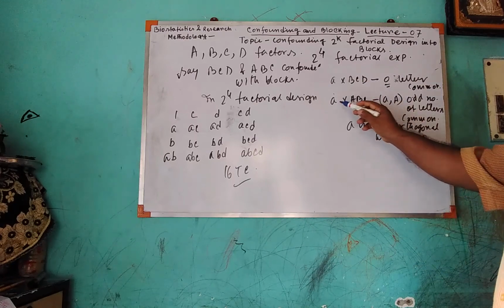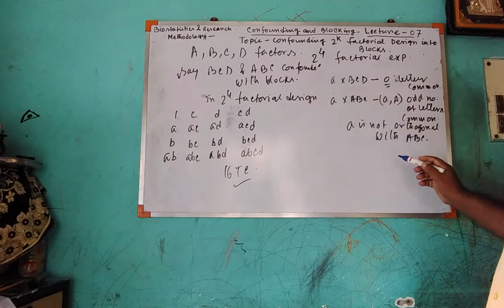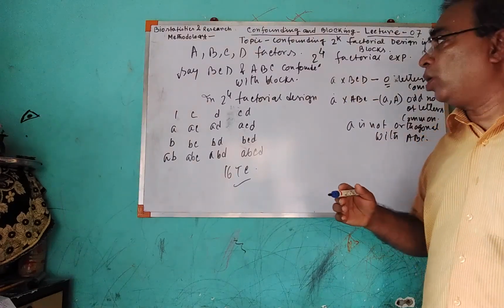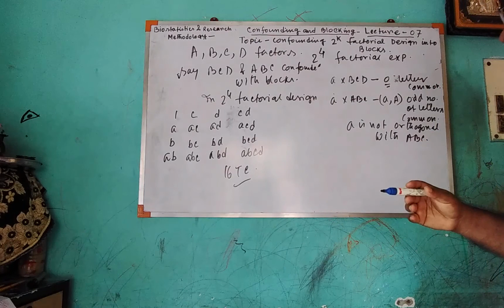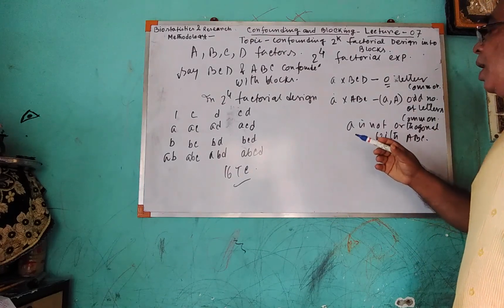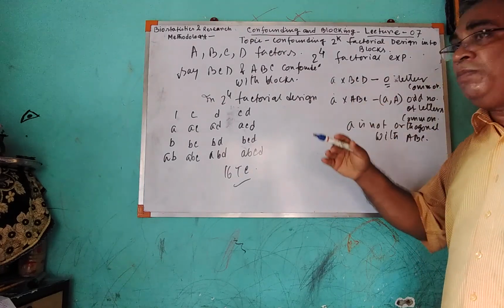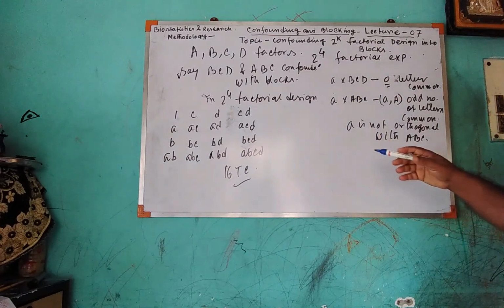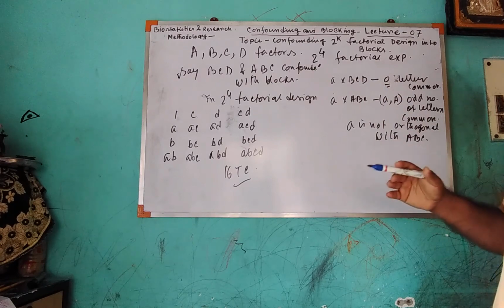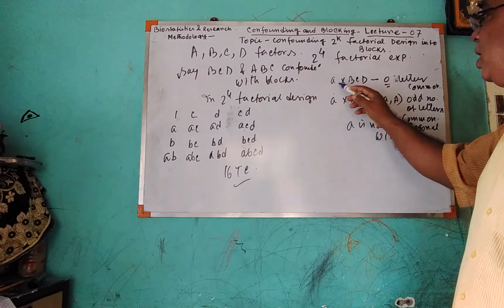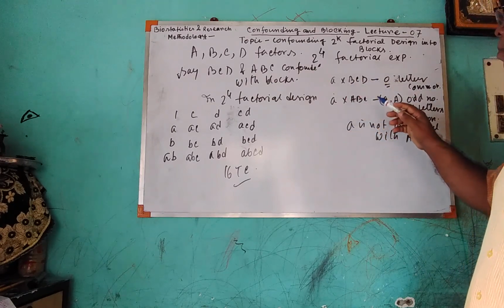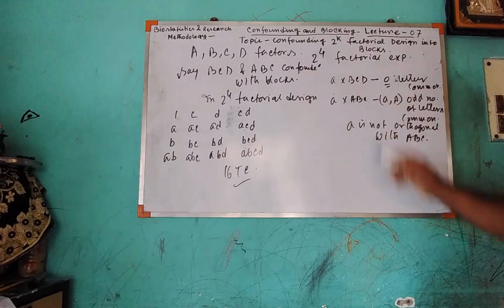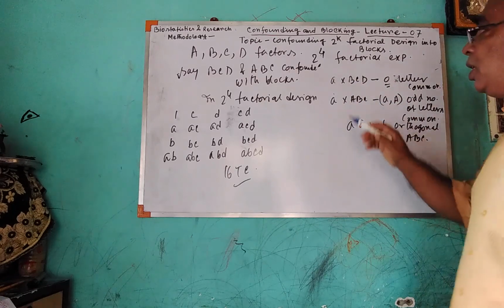So we can say A will not go into the principal block. A treatment combination will go into the principal block only if it is orthogonal with both ABC and BCD. Here A is orthogonal to BCD, but A is not going into the principal block because A is not orthogonal to ABC. That means you have to check both ways.